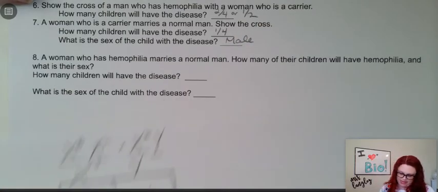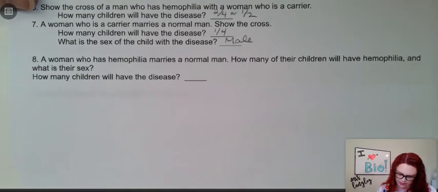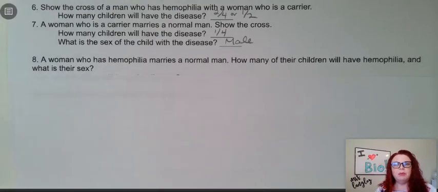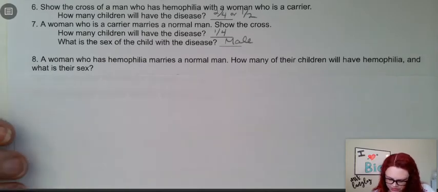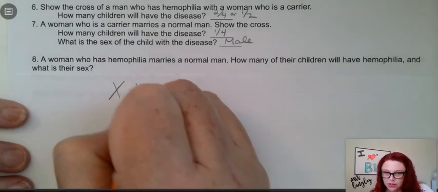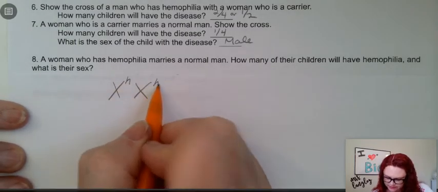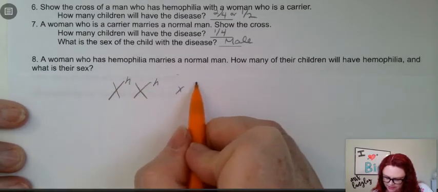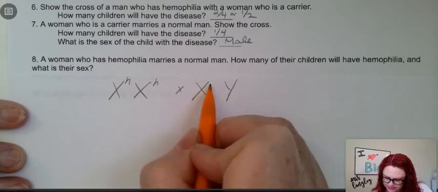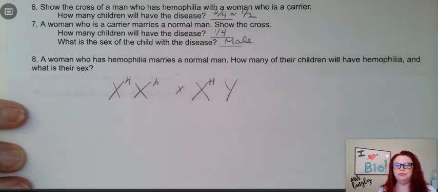Okay, number 8. A woman who has hemophilia marries a normal man. So a woman who has hemophilia, that means she had to get 2 recessives, marries a man who is normal.